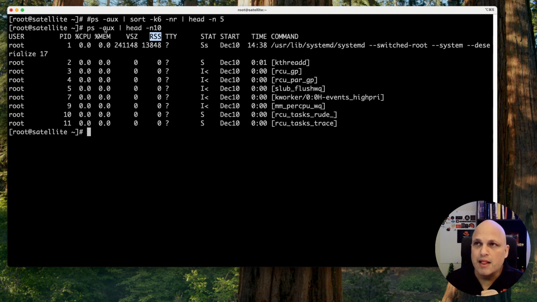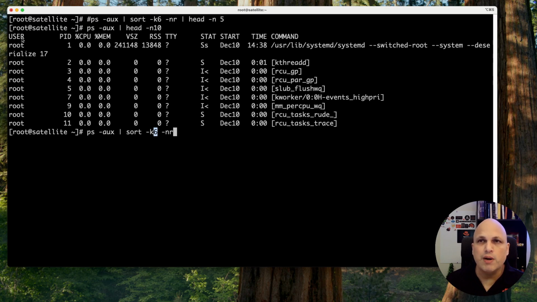We would like to see the memory. So check this out. The next one is ps aux, this output, piped to sort. Sort will sort something. By default, sort is going to sort by the first column. Anytime that you run sort against something, that sort will be on the first column. In this case, let me give you this gift or bonus: -k. With -k, we are saying, hey, instead of sorting by column 1, the first column, let's sort by column 6.